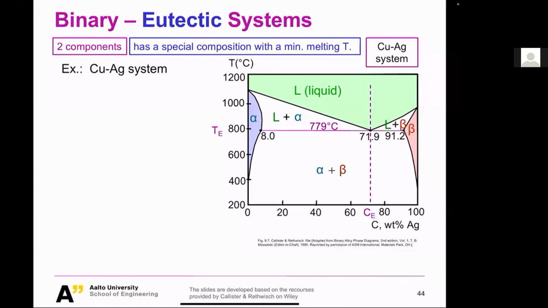And for most metallic materials, we usually need to do a so-called solidification process to get our materials into the composition that we want. That's why we need to understand what is happening during this solidification. So we're converting our material from liquid to solid.